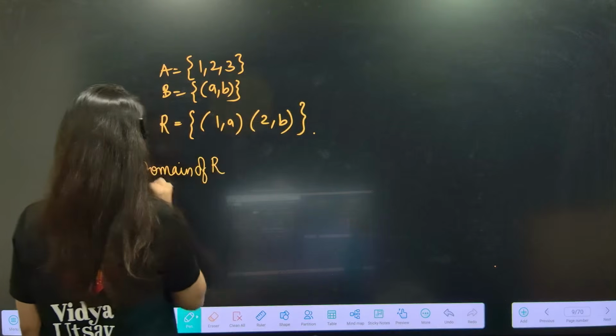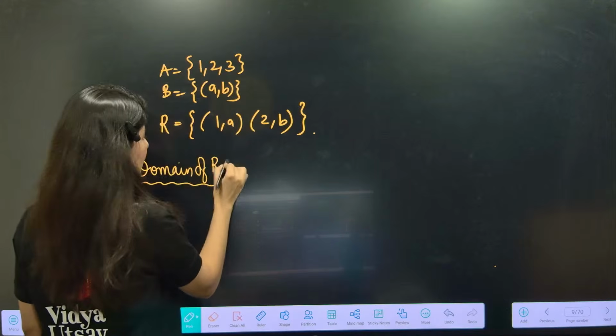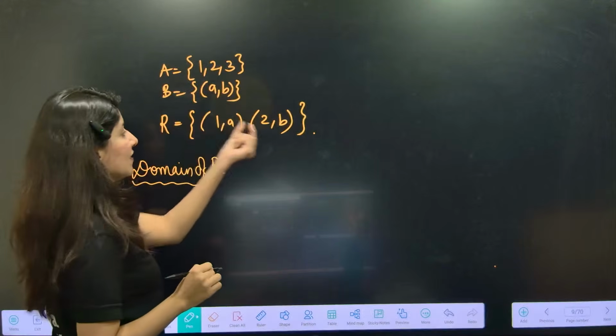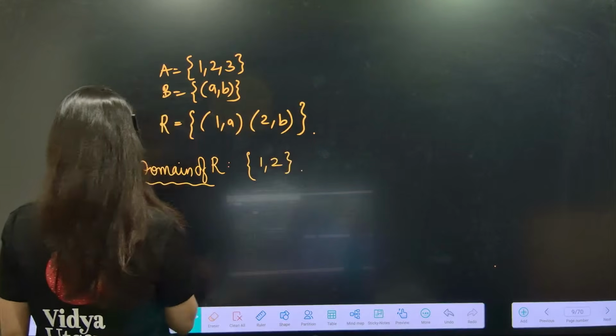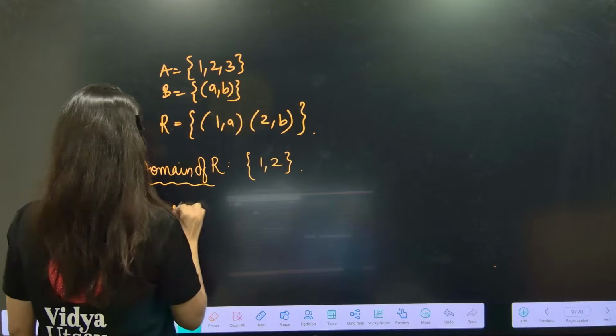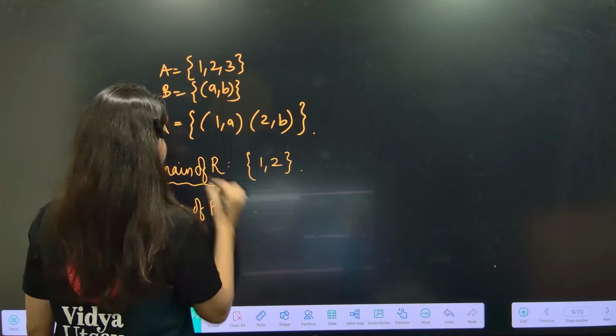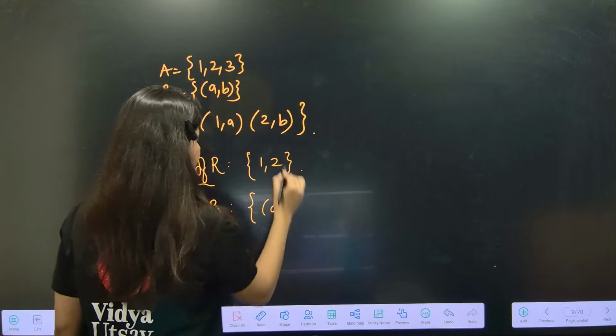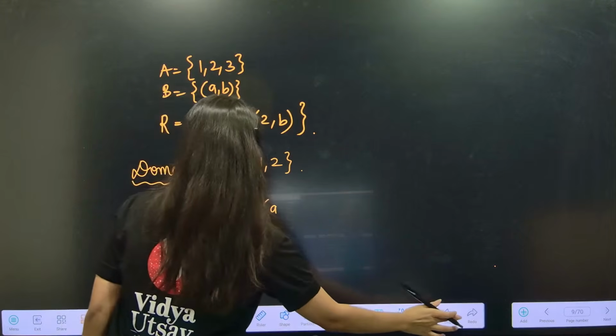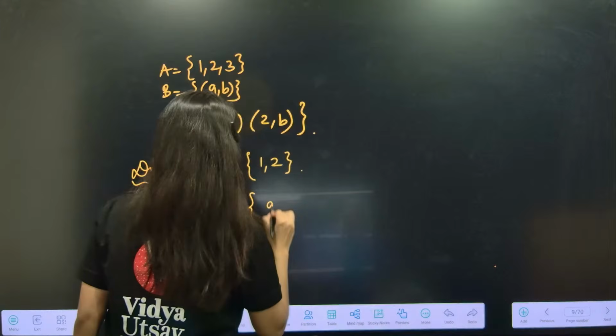Now all you have to tell me is the domain of relation R. Domain of R means the first elements. So the domain of R will be 1, 2. Range of R, quickly. Ma'am, the range of R will be A, B. Not ordered pairs, but all the elements.